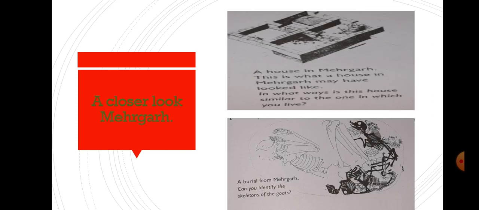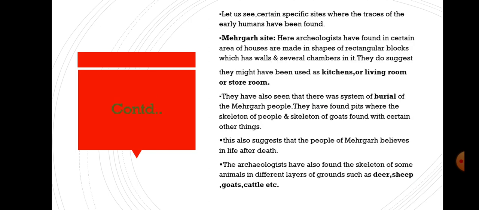In the picture you can see a skeleton of a man and a goat, and in the first image you can see the rectangular houses with several chambers and walls. So the Mehrgarh people also believed in life after death, and so they had a system of burial.